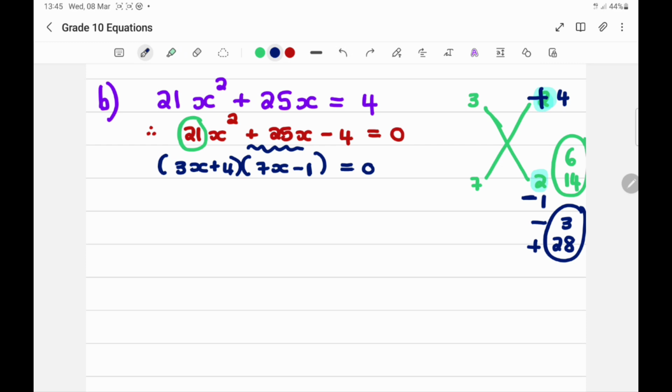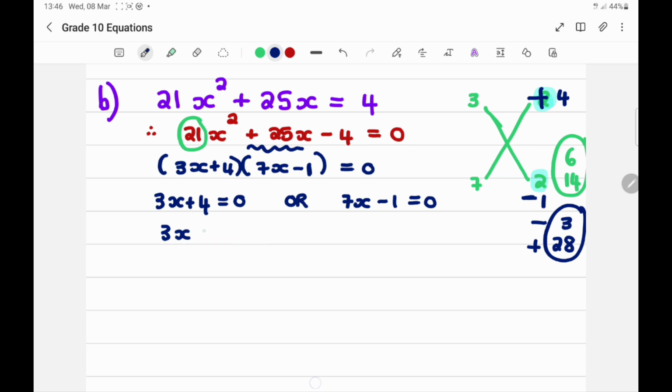Cool. So those are your factors. Then you can go ahead and equal each bracket to 0. So 3x plus 4 is equal to 0, or 7x minus 1 is equal to 0.